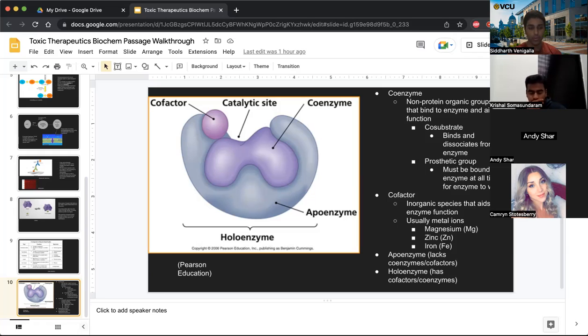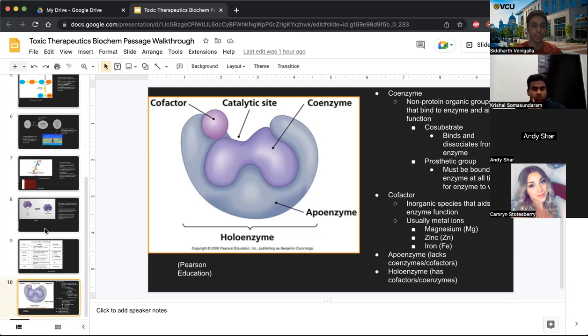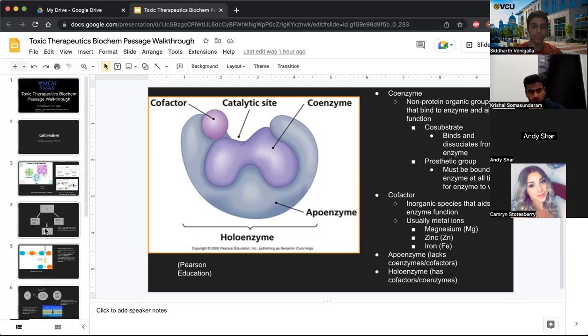So we've gone through all the background that we need to know for the passage. Hopefully you have a better understanding of the passage by now, but let's try attacking the question. Does anyone have any questions before we move on?